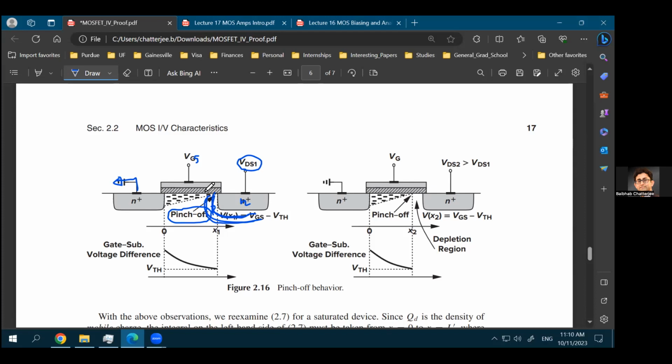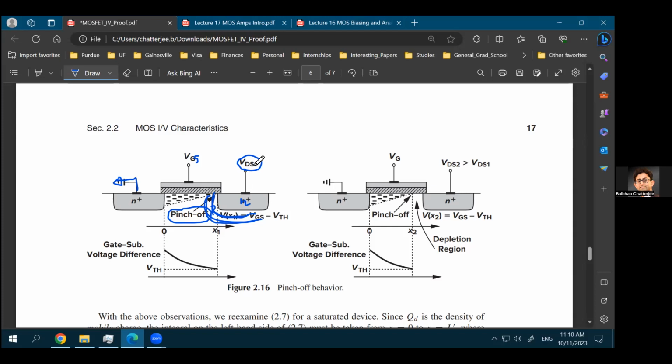You are depleting it of any kind of charge carrier. That's the meaning of a depletion region, that it's depleted of any kind of charge carriers. So if the charge carrier is not present, you'll see less and less number of electrons near the drain as you're applying more and more drain voltage.